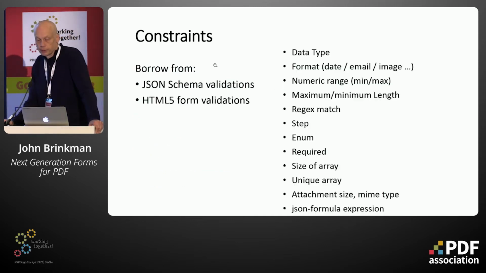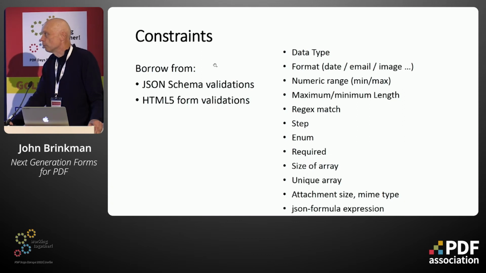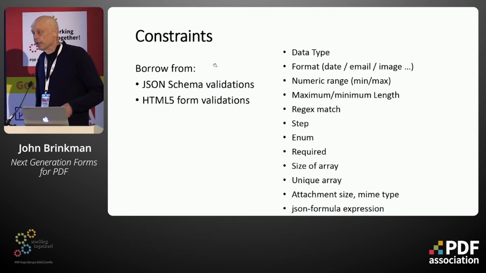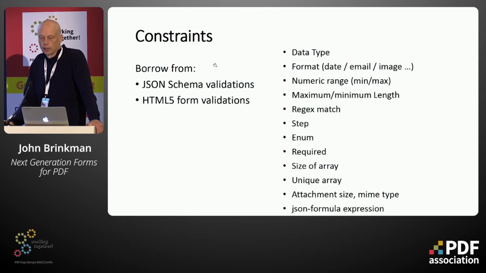So on to constraints. In this area, we borrowed heavily both from JSON Schema and from HTML5, right? JSON Schema allows you to say, for instance, my data needs to be an integer or a Boolean or a string and so on. And HTML5 similarly has attributes like that on their input elements.